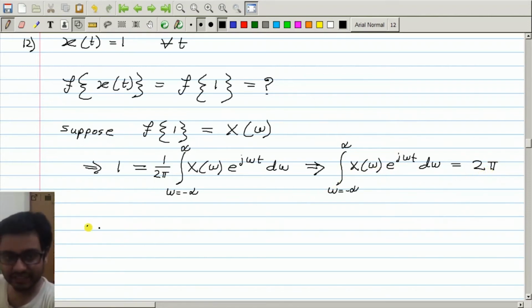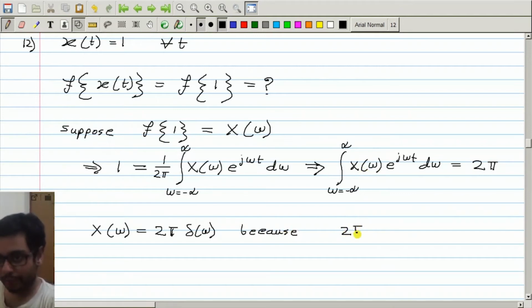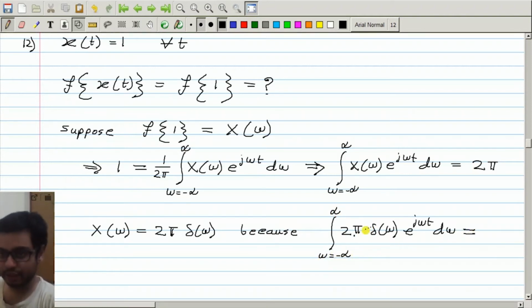The answer is X omega is equal to 2 pi delta omega, because if you put here 2 pi delta omega and then this e to the power j omega t d omega integrated from omega equal to minus infinity to plus infinity, then this integration is easy to evaluate.